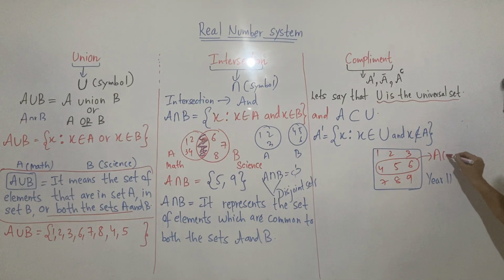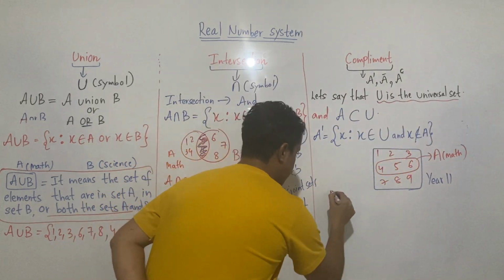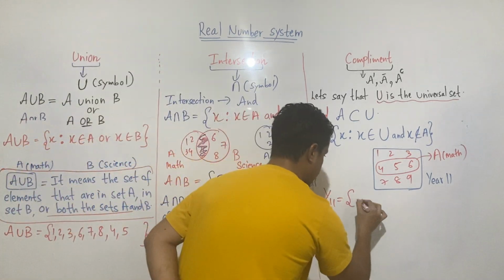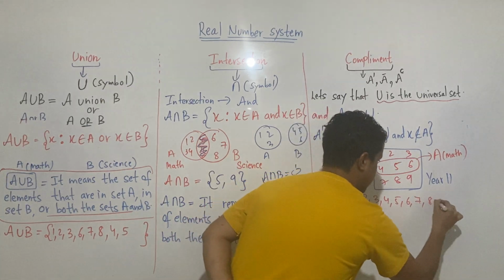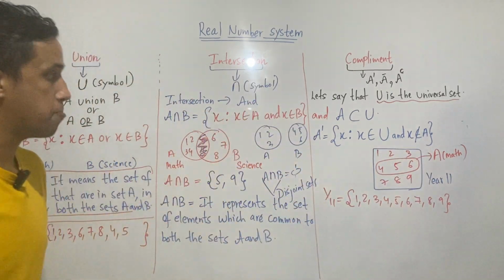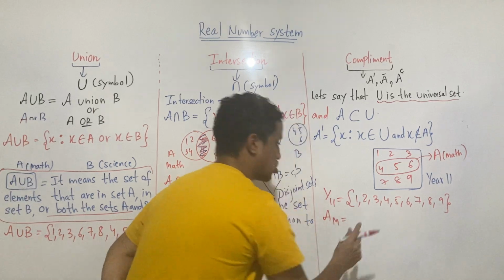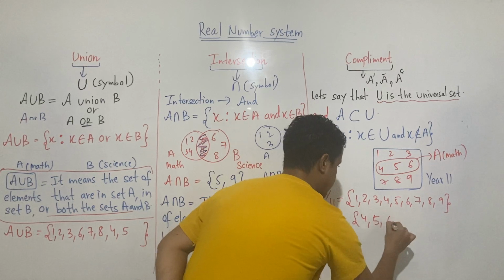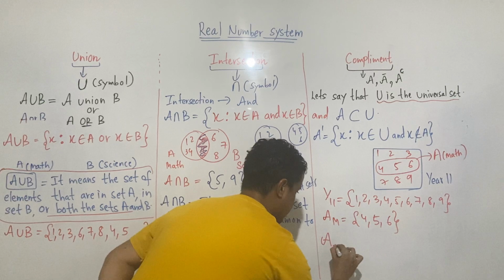So first of all, this is my year 11, so this is the universal set, and it contains all the students 1, 2, 3, 4, 5, 6, 7, 8, 9. Then I have this subset A, which contains all the students who like math, represented by 4, 5, 6.